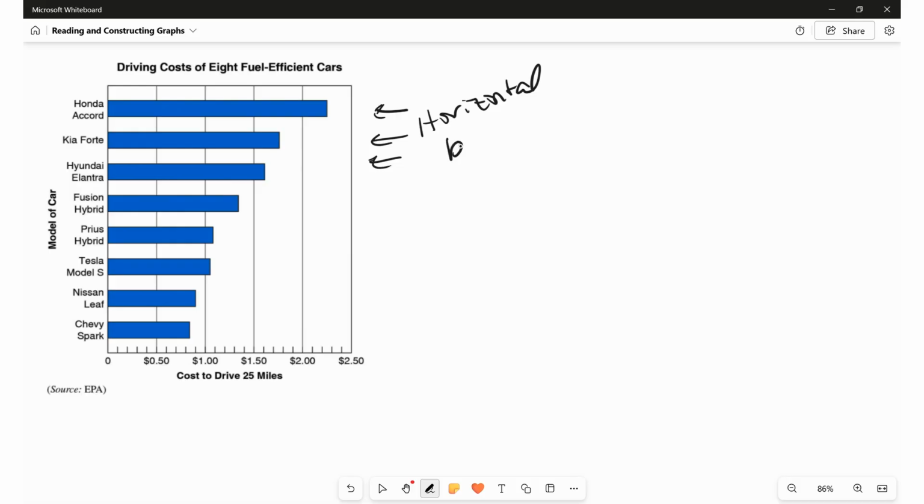And that's why it's called a horizontal bar graph. So we can tell quite a few things from this horizontal bar graph. First of all, we have the title up here. Okay. We have our horizontal axis.